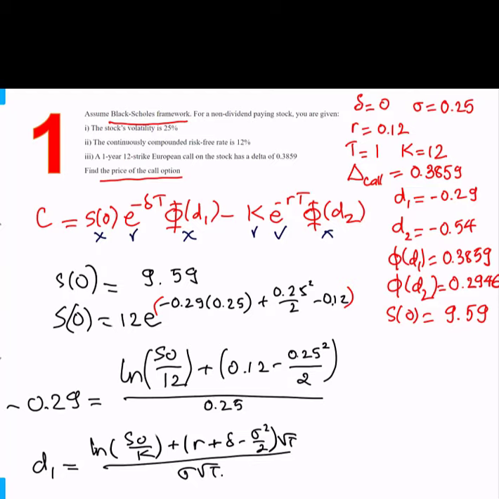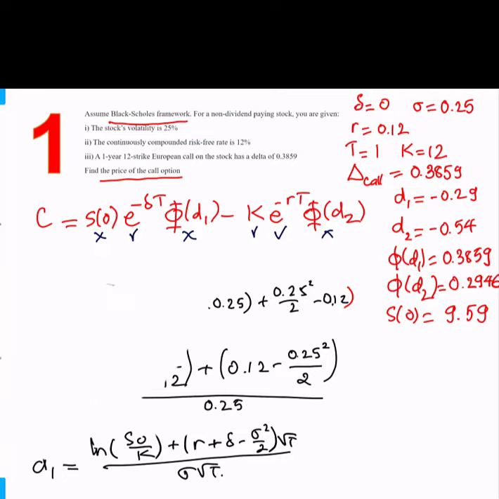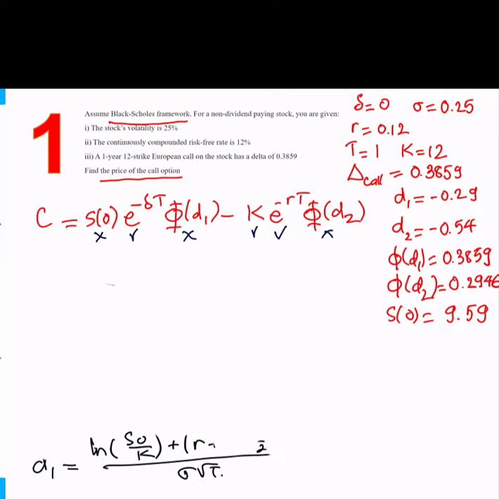Now I'm going to erase everything again because I'm just going to use the information. I don't have many pages here, sorry. So how to find the call price here? S0 is 9.59.